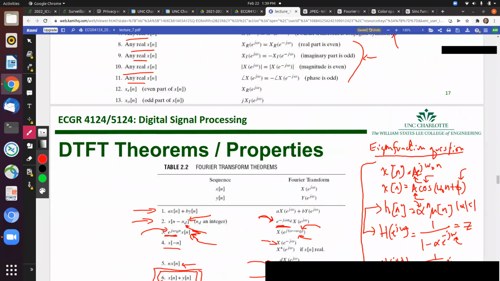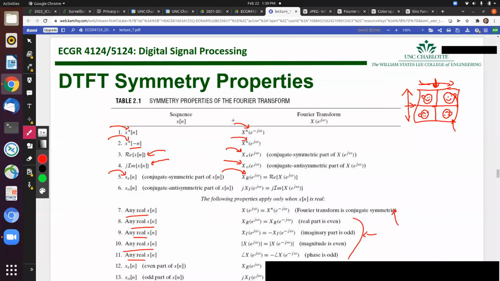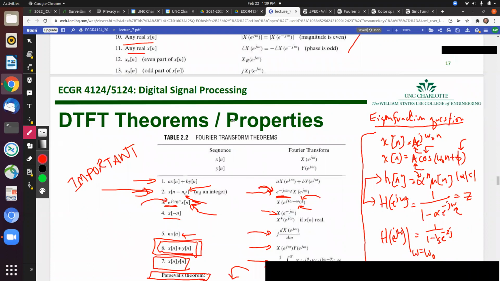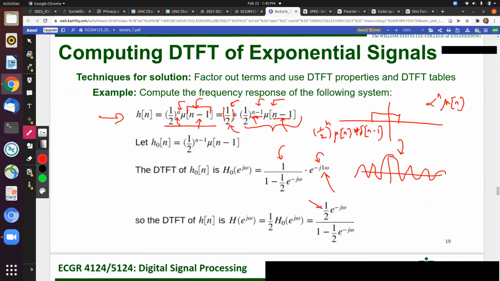So mark this important: according to this property, the delay property, we're multiplying by e to the minus j omega 1, right? And so that's why this factor comes out here.